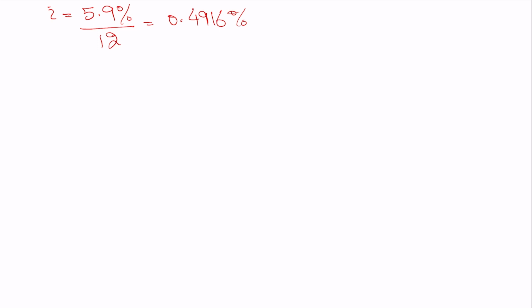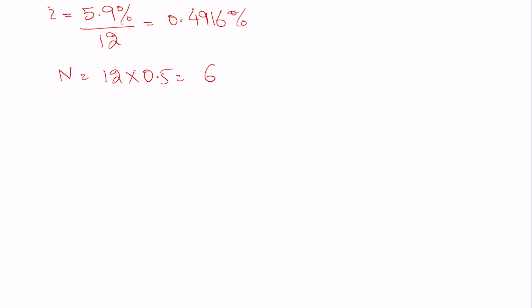What is N? N is 12 into 0.5, because 0.5 is half a year, so it's going to be 6 payments.